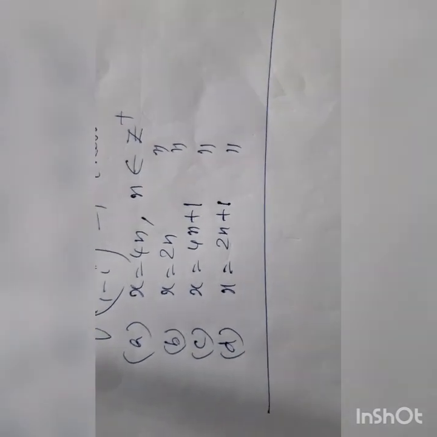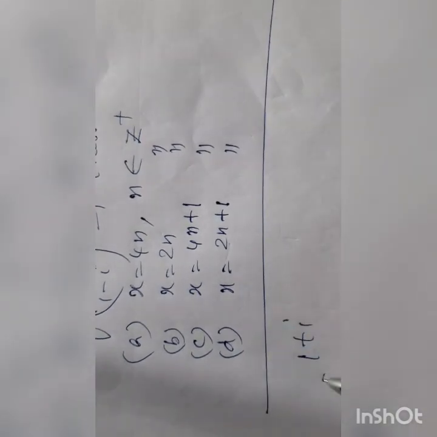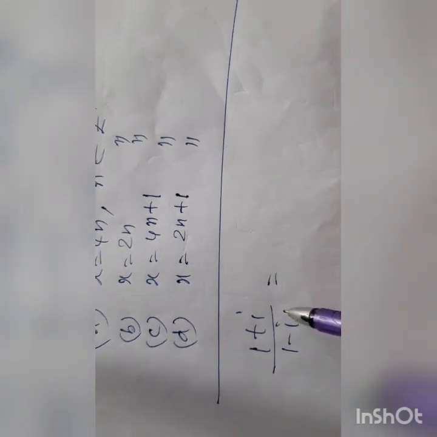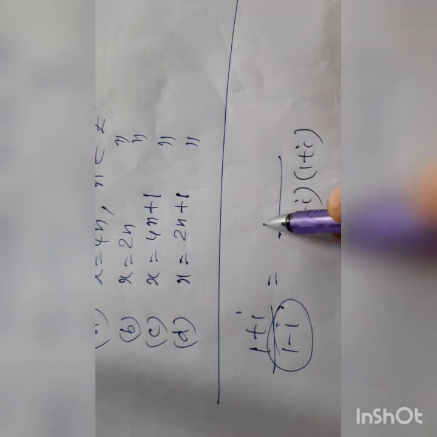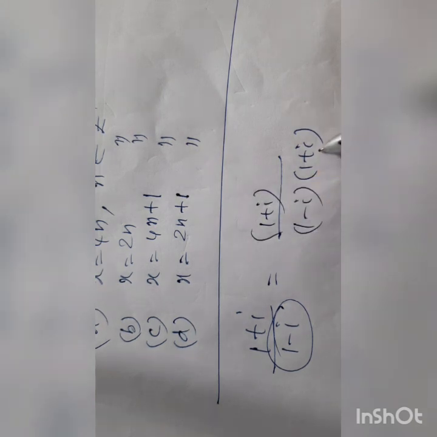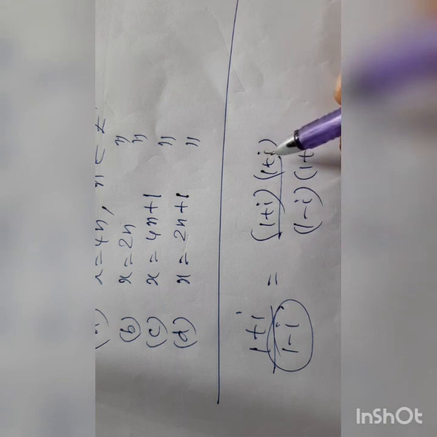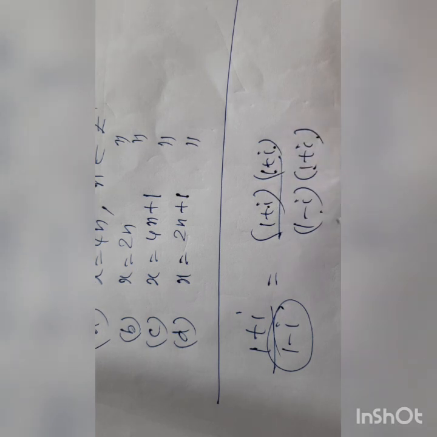1 plus i by 1 minus i. The denominator should be conjugated to make it a real number. So for that, multiply by 1 plus i, and as it is the same 1 plus i, we keep it without changing anything: 1 plus i to the numerator and 1 plus i to the denominator.